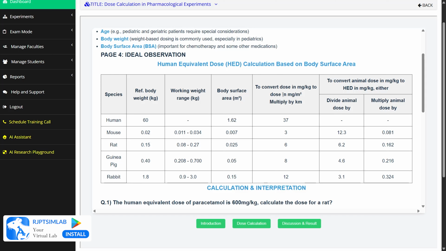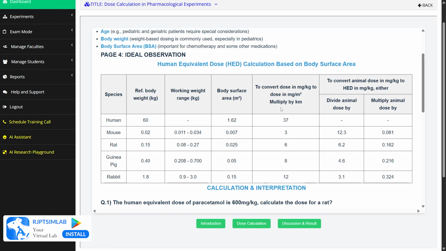Then to convert dose in milligram per kilogram to dose in milligram per meter square, we have to calculate it. We will divide the average body weight by body surface area, as we can see here. So we have to divide 60 by 1.62. Then we will get the value of 37.